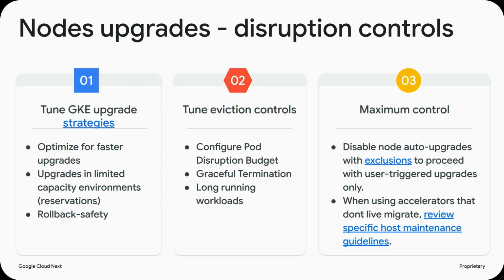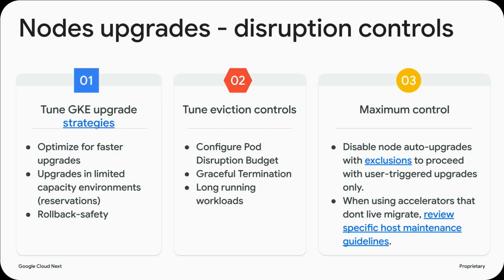We have node upgrade strategies like blue-green that offer rollback safety. We have auto-scale blue-green, which allows you to complete your workloads, especially for batch workloads. Then you can tune eviction control. That's the pod disruption budget, graceful termination period, and then we have timeouts associated with upgrades.